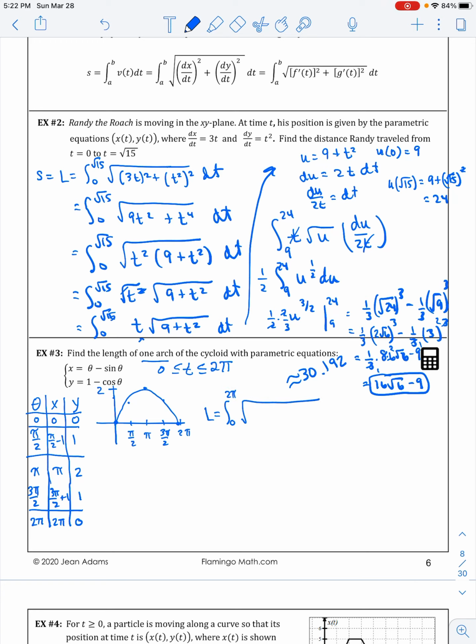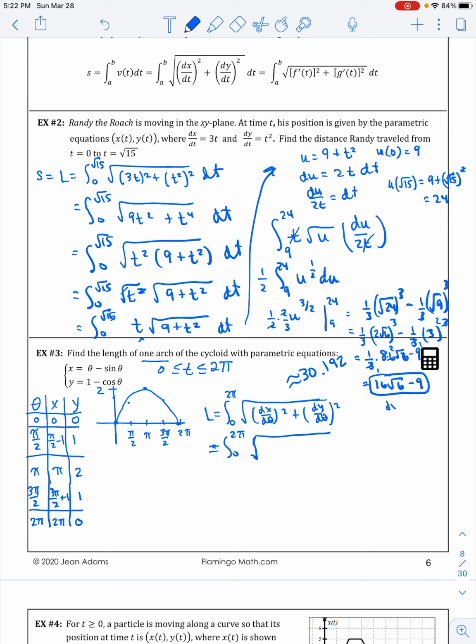From 0 to 2 pi is our integral. And this is going to be the square root of dx d theta squared plus dy d theta squared. So 0 to 2 pi, square root of.